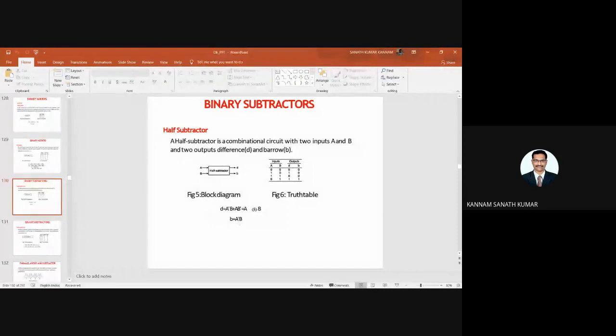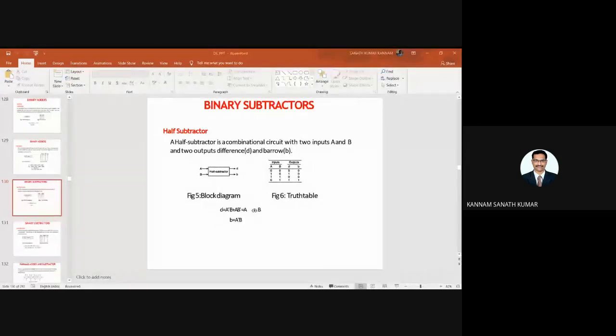I will explain how to realize this half subtractor using universal gates.